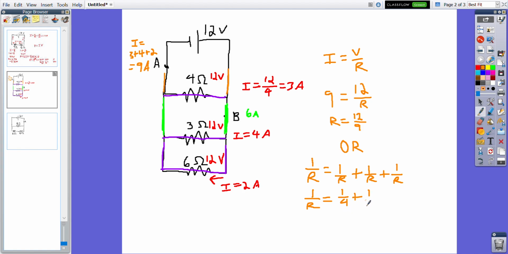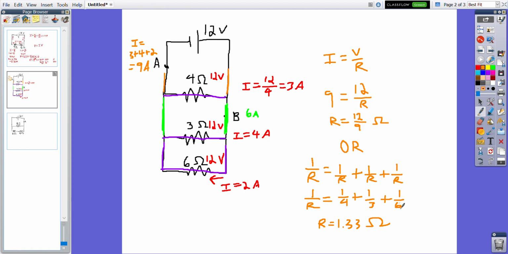All right? And if you're to solve this out, don't just add these 3 together. Yes, you want to add these 3 together, but that's only going to give you 1 over R, so you have to do a 1 over at the very end. And if you do all of this, you will also get 1.33 repeating ohms, okay? And this was ohms too as well, all right?